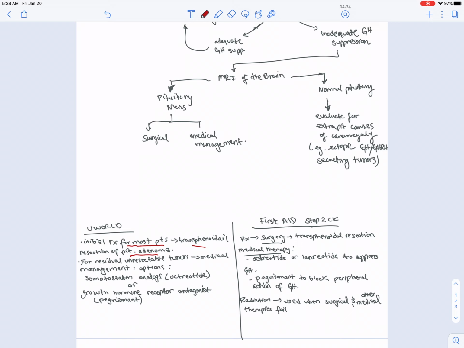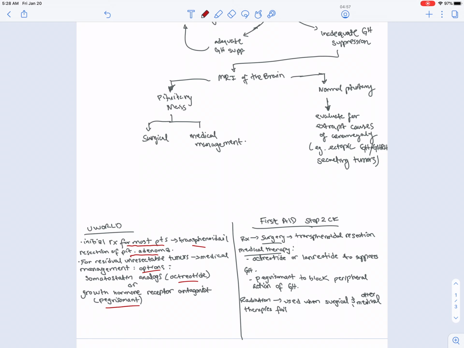Okay? And if a patient has residual unresectable tumors, then you use the following medical options, such as octreotide or pegvisomant. And that's what UWorld wants you to know.